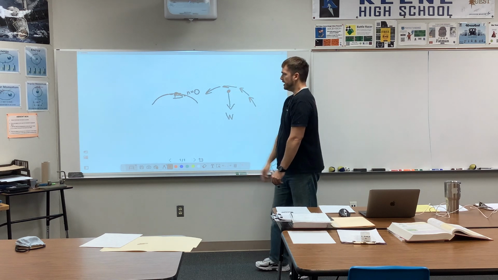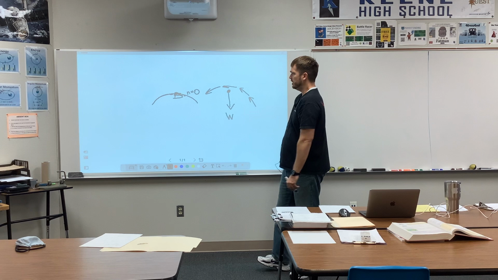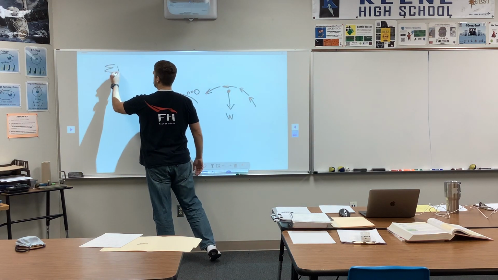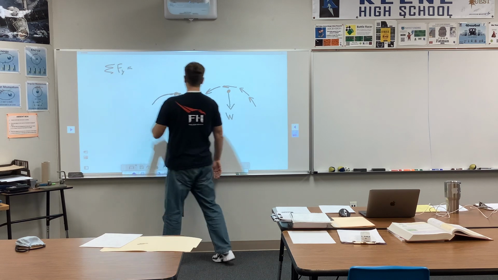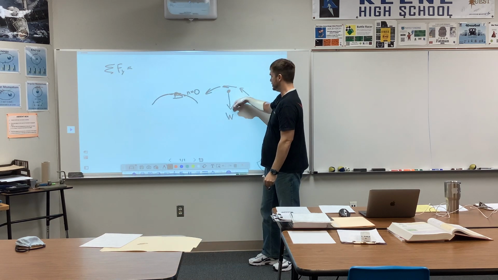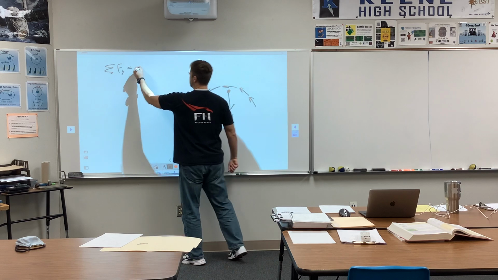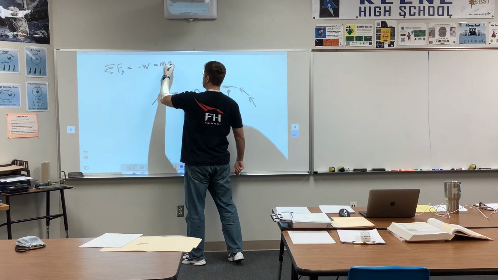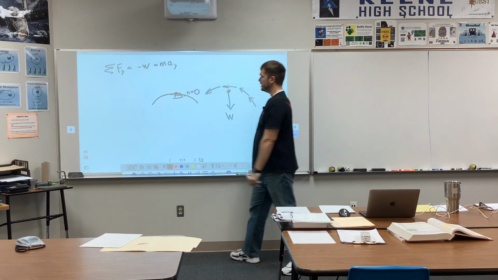And that's helpful for us, because then we can write Newton's second law, summation of forces in the y direction. It's not too bad. It's down, so we'll write negative weight, and that equals the mass times the acceleration in the y direction.